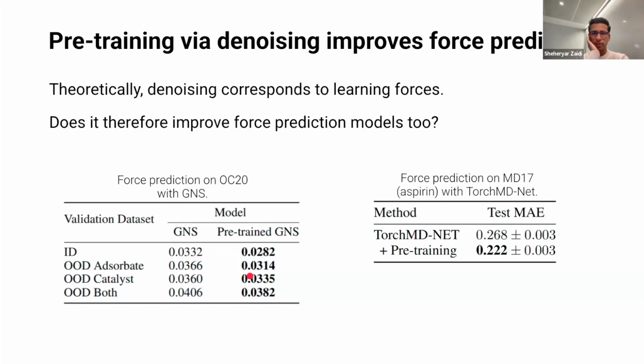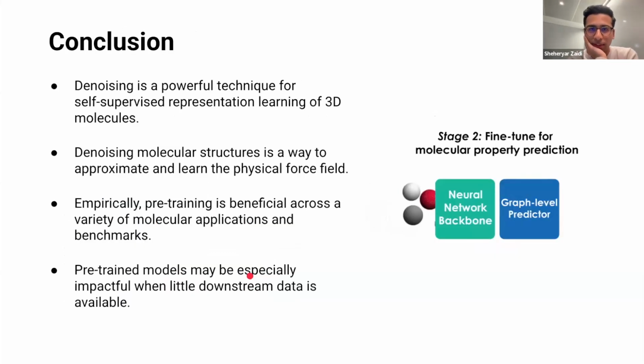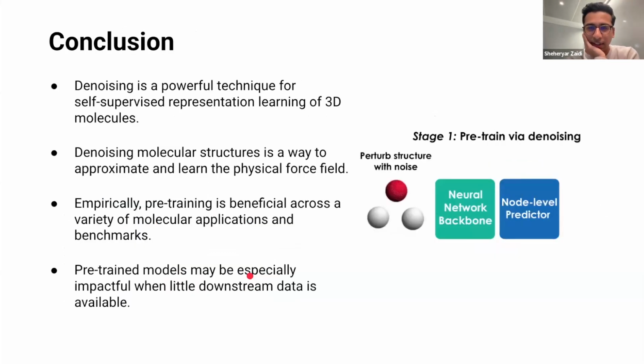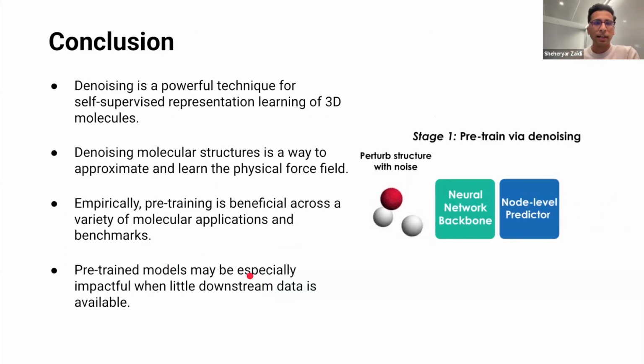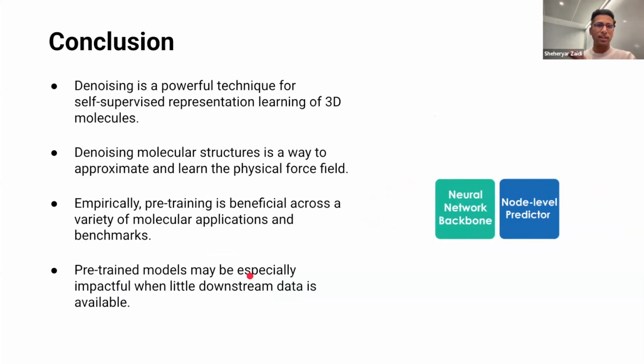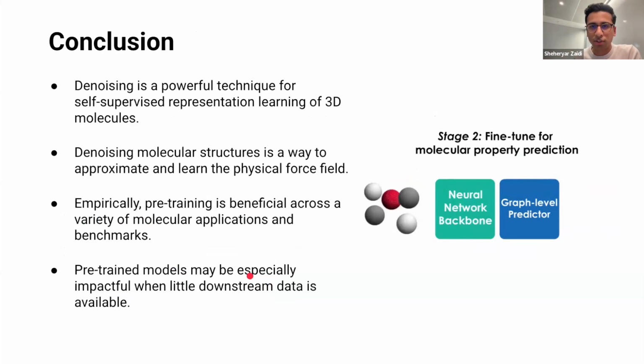Okay, cool. So just to conclude, what I've talked about: denoising is a powerful technique for representation learning. Our experiments show that, and we think the reason denoising is working is because it's approximating and learning the physical force field, as in the force landscape around the structures.